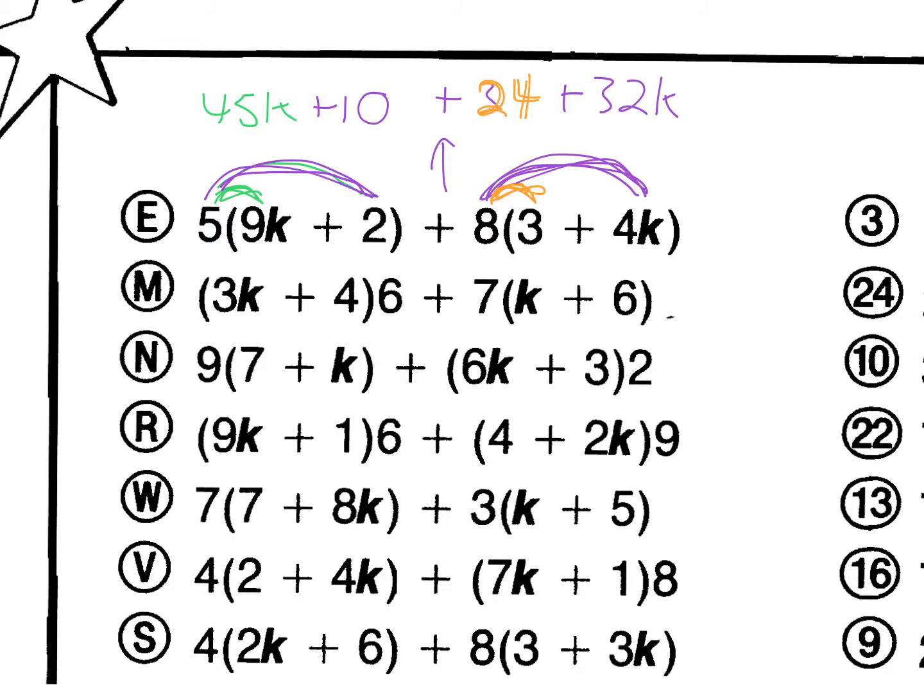So I distributed, and now I can actually add the like term. So I can add the 45k and the 32k, which would be 77k. So 77k, and then I have 10 and 24, this 10 and this 24. That's 34, so plus 34.